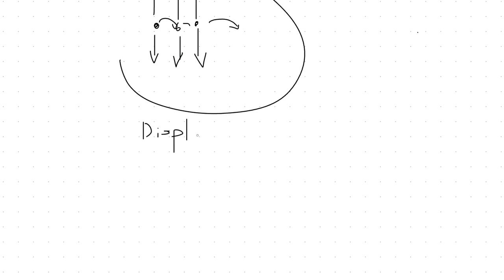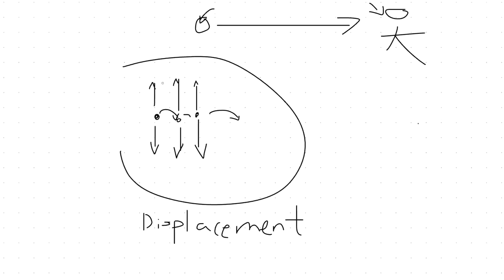Remember previously where I talked about how waves transfer energy through oscillation back and forth. Displacement in this case would be how far the particle is from its equilibrium position, where it goes back and forth. So in the previous case, this would be the equilibrium, and whatever distance a particle is from the equilibrium position is called the displacement.